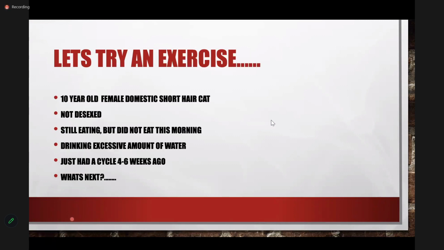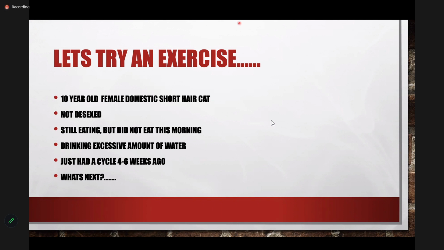Okay, let's try an exercise. If you have a 10-year-old female domestic short hair cat, not D6. The cat is still eating, but did not eat this morning.